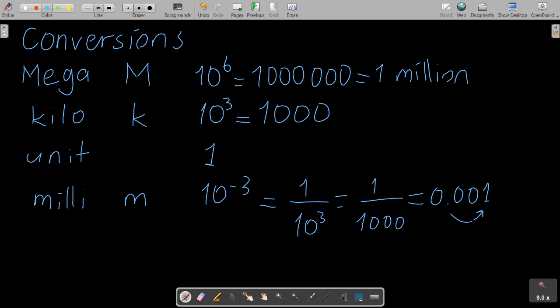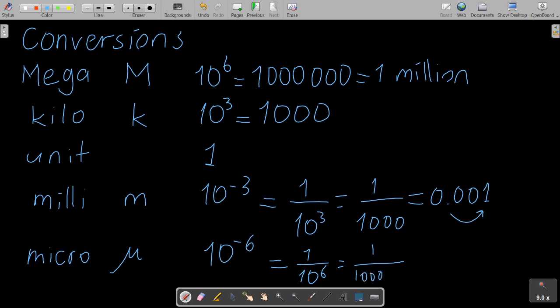Okay, and then lastly we have micro. We show micro with a letter like this. There's a tail, like a cat tail, and this is 1 millionth. So micro stands for 10 to the power minus 6, which is 1 divided by 10 to the power 6. 1 divided by 1 million. 6 zeros, right?